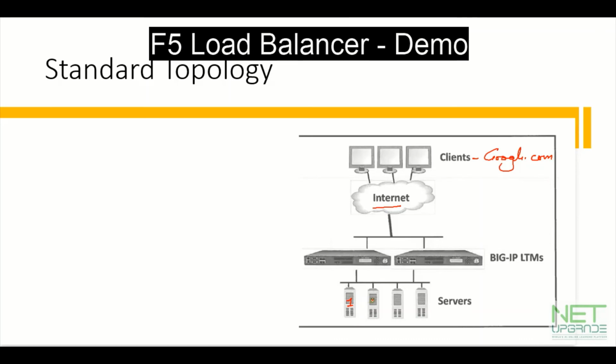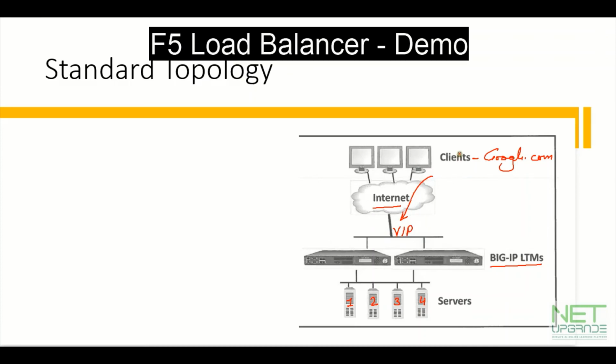Then the server team has configured the same application on multiple servers, and instead of handling requests on a single server, they request the F5 team to configure a BIG-IP Local Traffic Manager in the middle, so that all the requests land on your F5, on what is called a virtual IP address.